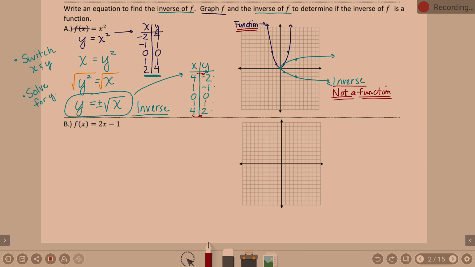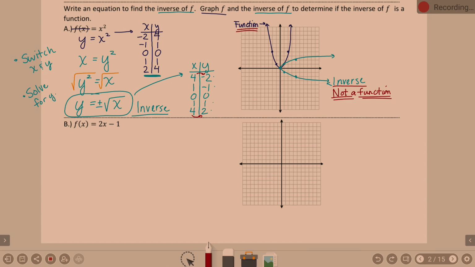Do you guys remember a line test to determine if something's a function? So we probably haven't talked about this year then. So I'm making you go back to Algebra 1, and there's no guarantees what got taught there, what you remember, or anything like that. So, vertical line test.